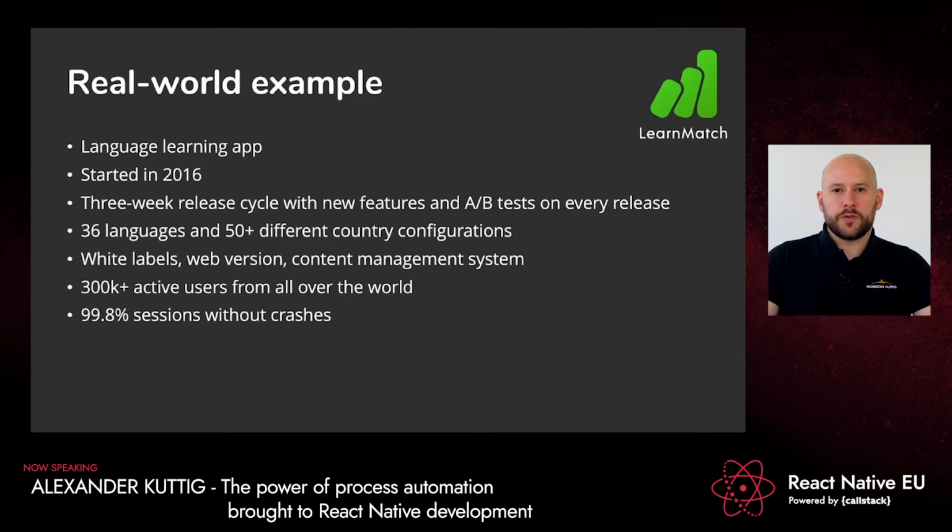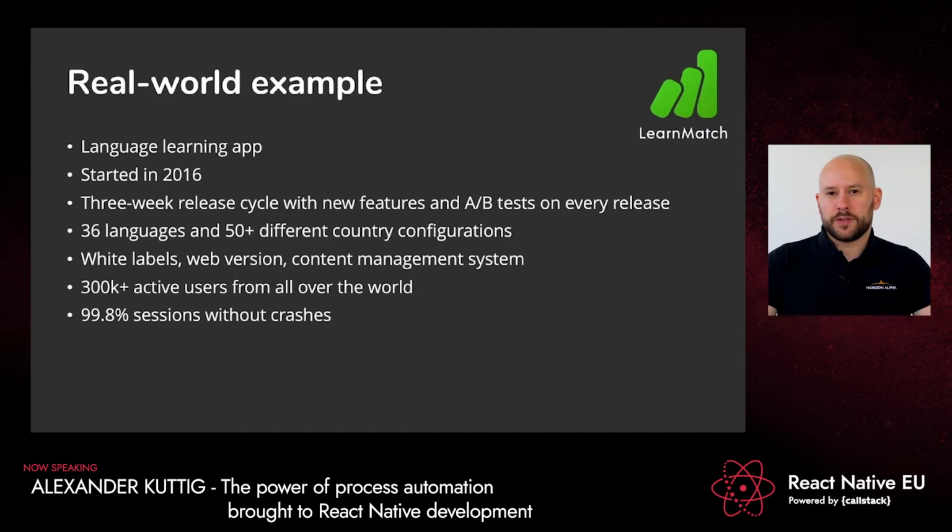We have a 3-week release cycle with 30 to 40 issues for every release, which contains 2 to 3 larger features, as well as 1 or 2 A/B tests. We A/B test a lot to improve user experience. The app is available in 36 languages, and it also has 50 plus different country configurations.